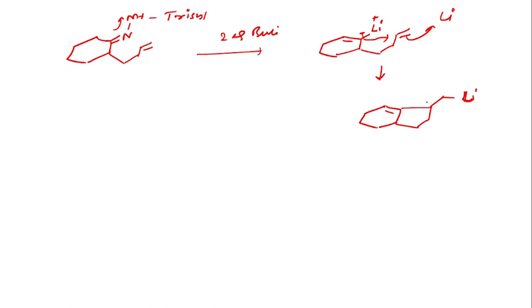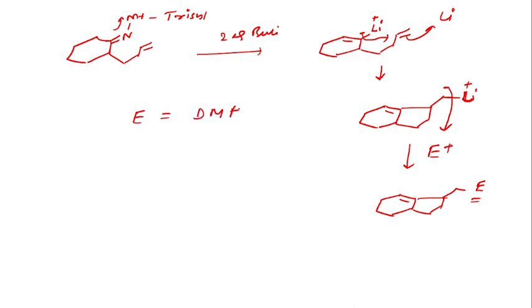Okay, then if you add one E plus, lithium is plus and this is minus, so this minus will catch the electrophile and it will be E.